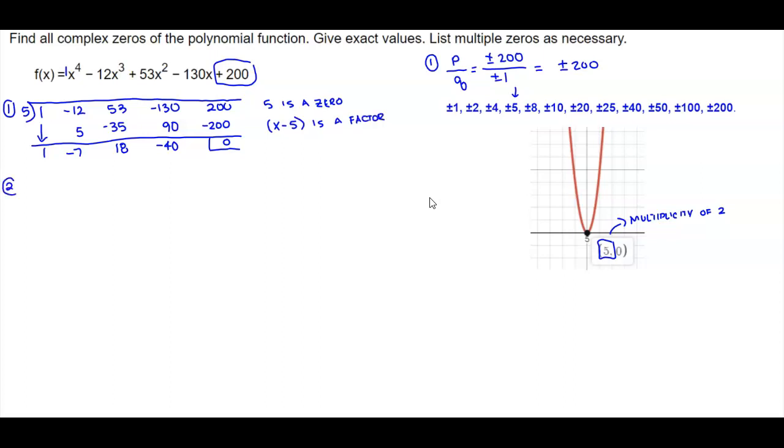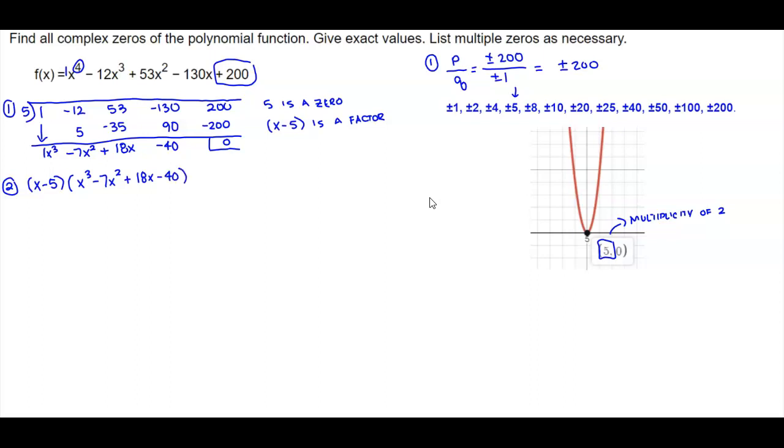So let's go ahead and write the factored form. We have x minus 5, and now since this is x to the fourth, this becomes x minus 5 times x cubed minus 7x squared plus 18x minus 40.